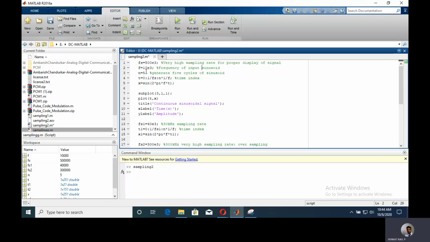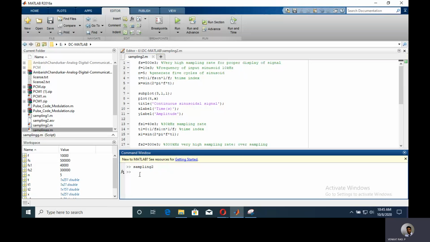So the frequency of the input sinusoidal signal is considered as 10 into 10 cube, that is 10 kilohertz. Let us consider 10 kilohertz as the input signal frequency, and take that as f. Since the signal frequency is 10 into 10 cube, that is 10,000 units, based on the 10,000 units we need to divide the time axis.